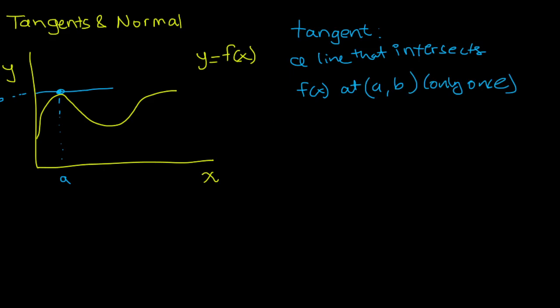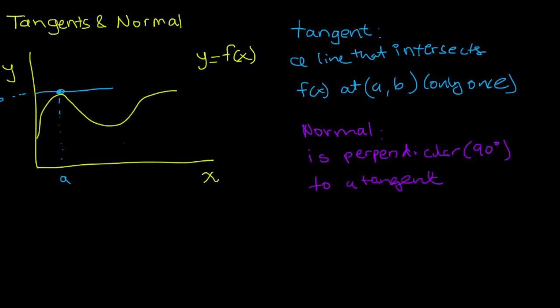So using this definition, we can also come up with a definition of a normal. So a normal is perpendicular, so it forms a 90-degree angle, perpendicular to a tangent, right?